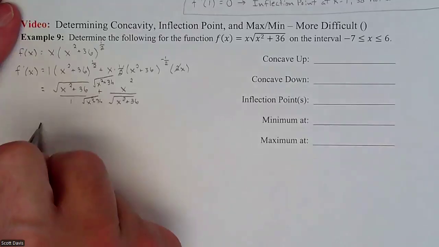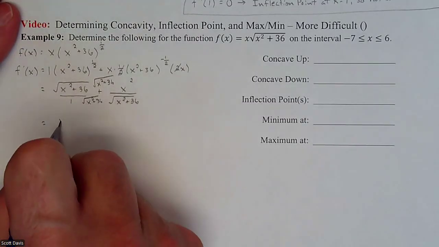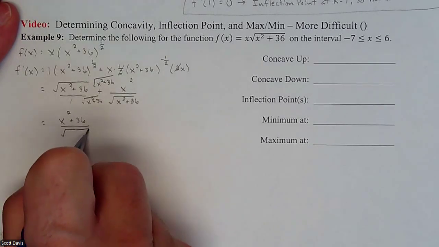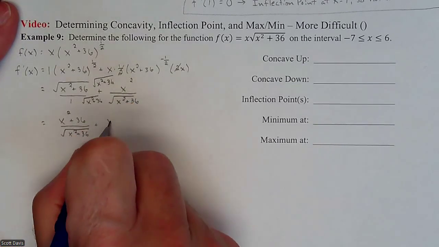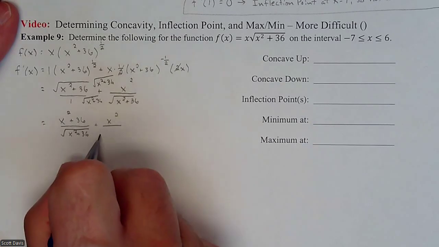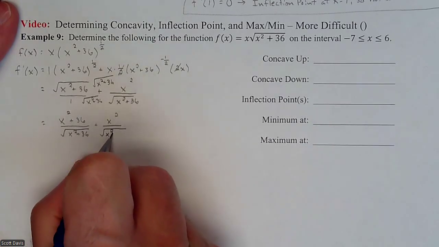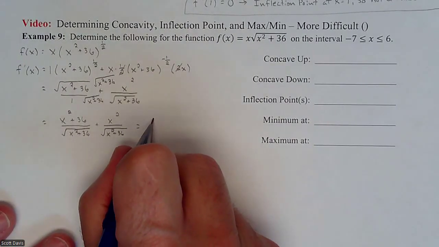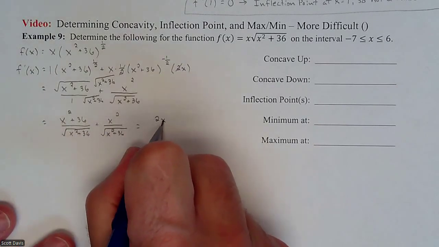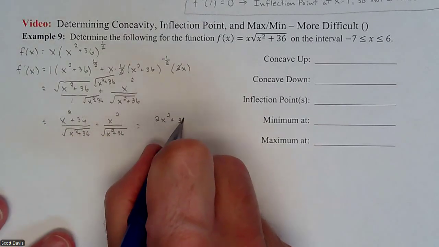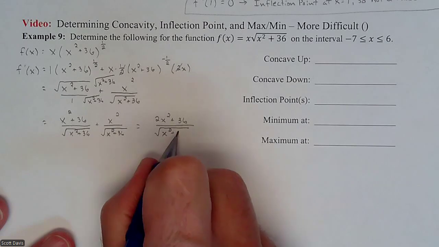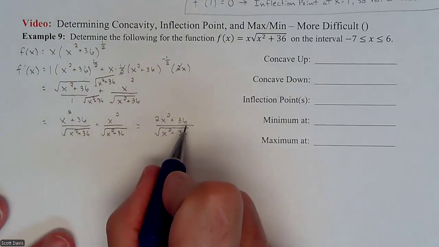And so we're going to have x squared plus 36 over the square root of x squared plus 36 plus x squared over the square root of x squared plus 36, which becomes 2x squared plus 36 divided by the square root of x squared plus 36. So there's our cleaned up version of our derivative.